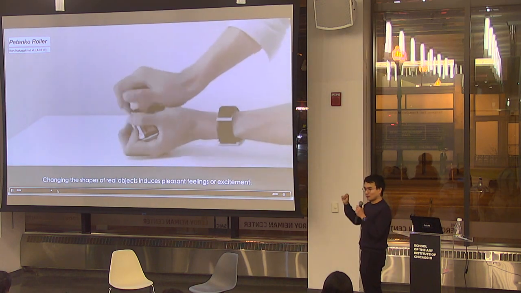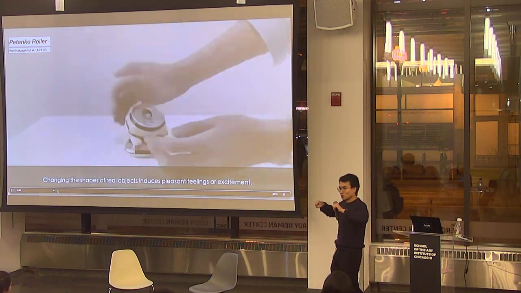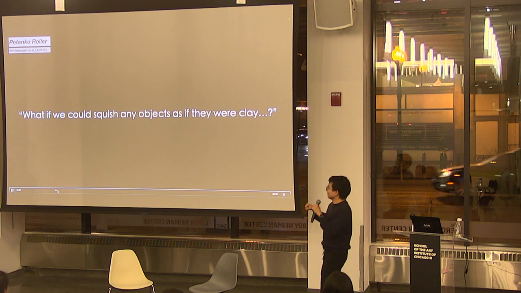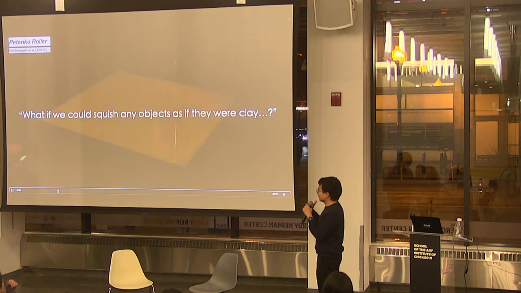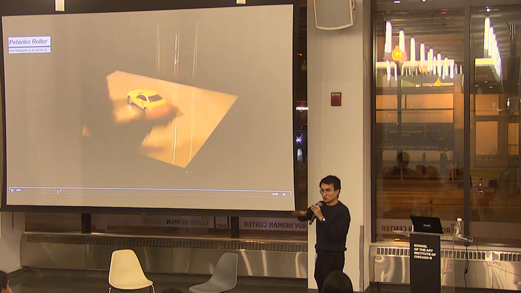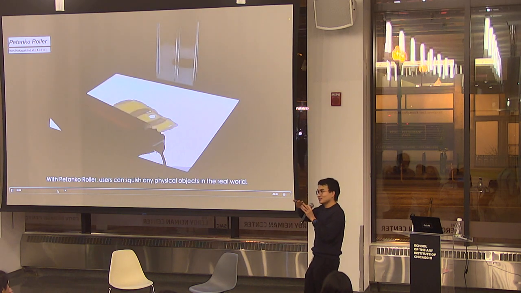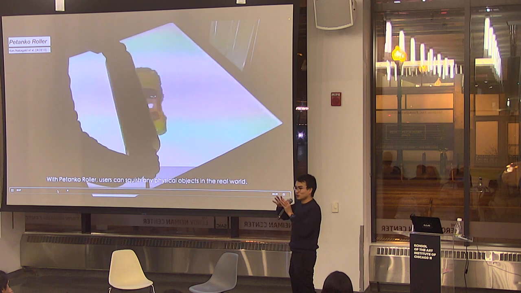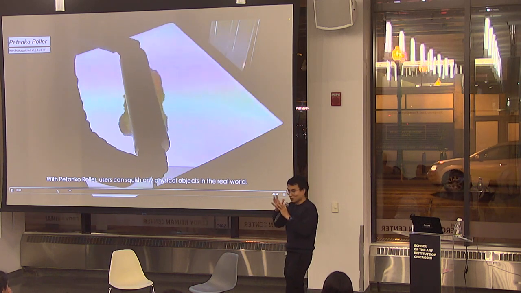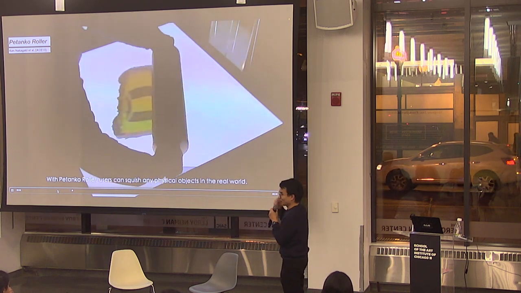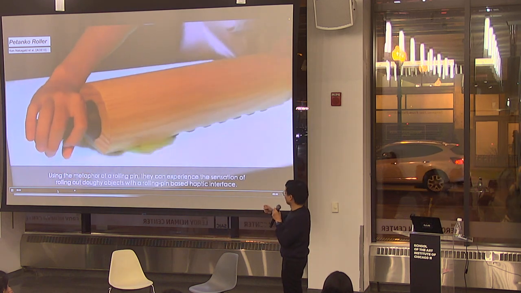More like an entertainment system. So we built this rolling pin-based haptic device that would create this pleasant sensation of squishing objects, like empty cans or clay. It's really fun, it's a pleasant feeling to squish these things. So I wanted to make a device that you can squish any objects.